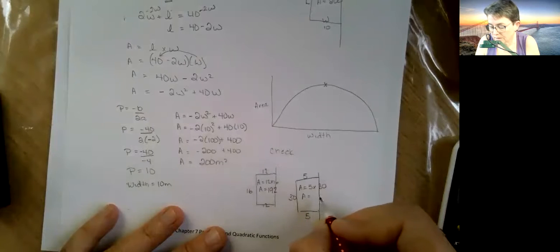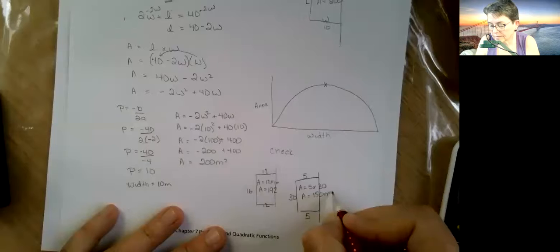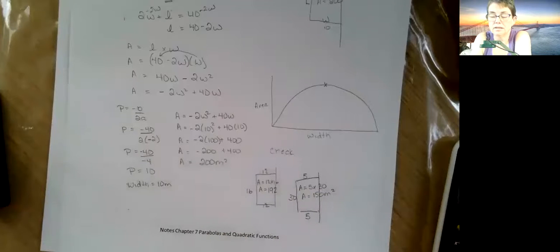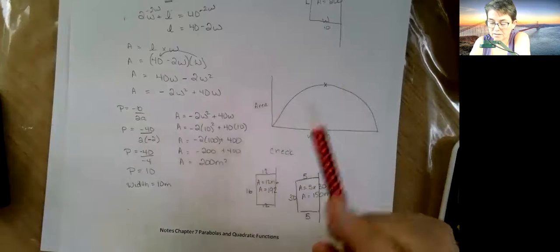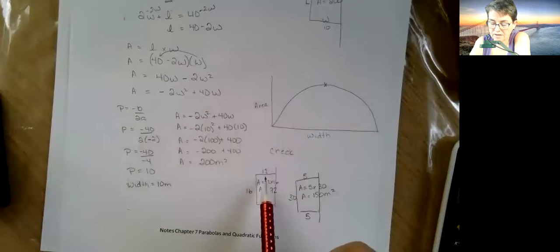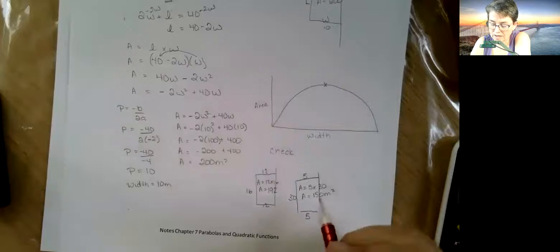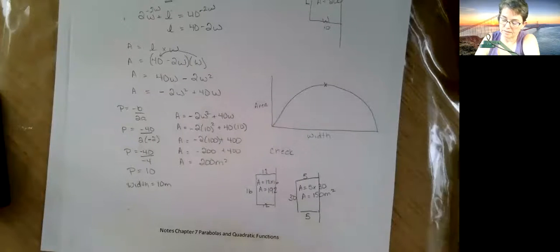That's 150. So it actually looks like I can keep messing around. This got close to the 200, but it looks like if I try and make it any closer to square, it doesn't get any better. And if I make it even less square, so 5 by 30, it's not going to work.